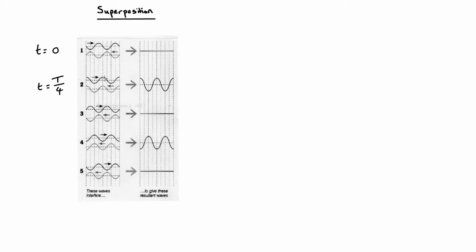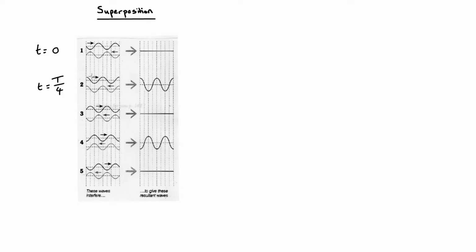In a quarter of a time period, you can see that this wave crest on the top wave has moved from this dotted line across to the next dotted line there. It's gone a quarter of a wavelength, and at the same time, of course, the wave on the bottom has gone a quarter of a wavelength to the left.